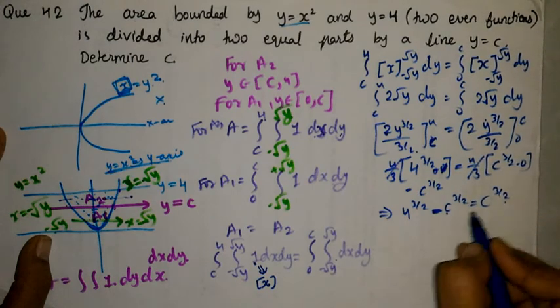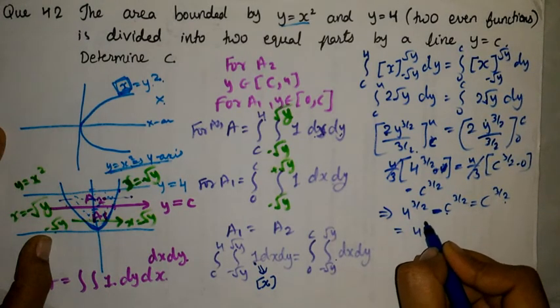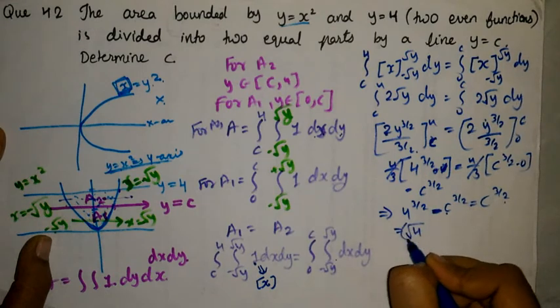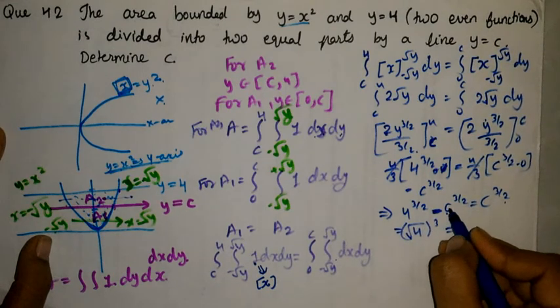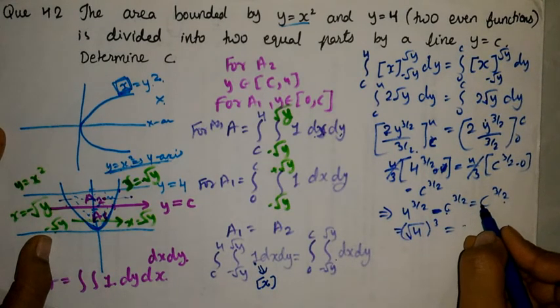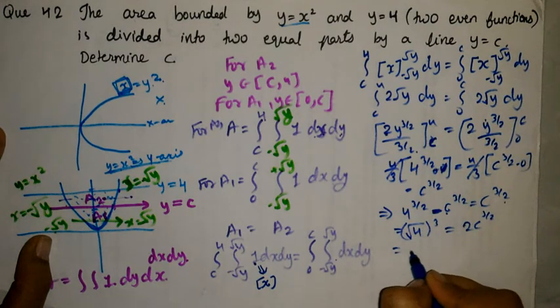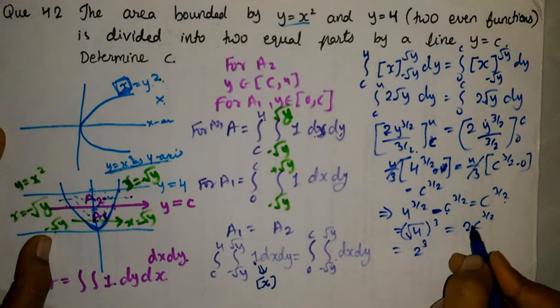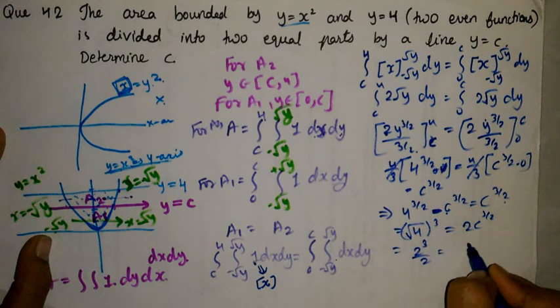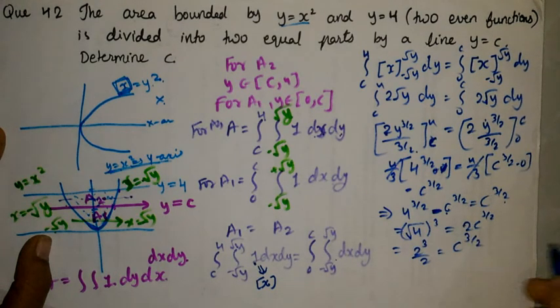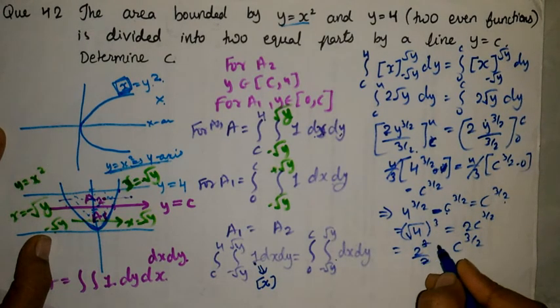Now taking this to that side, we get 4 raised to 3 by 2, this we can write as root 4 cubed, that is equal to 2 c raised to 3 by 2. So this is 2 cubed, and when we divide by 2, that is equal to c raised to 3 by 2. So now 2 will get cancelled, so it will be 4.